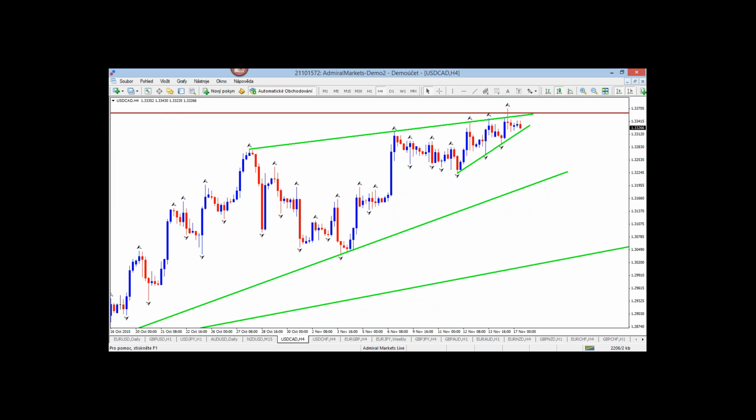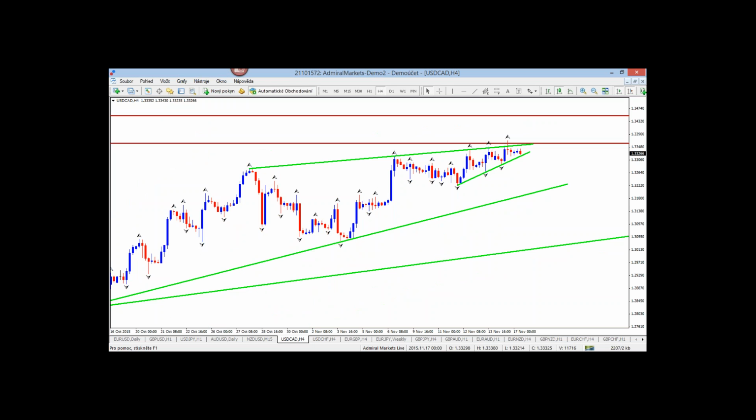So upside, I don't think is really interesting unless it really retraces to one of these support trend lines, or maybe breaks above. Eventually, it could be interesting if it just breaks above this top. Not to jump in a trade, by the way, but then it becomes a bullish environment. Downside is a reversal trade. It could still be worth it. Let's see.